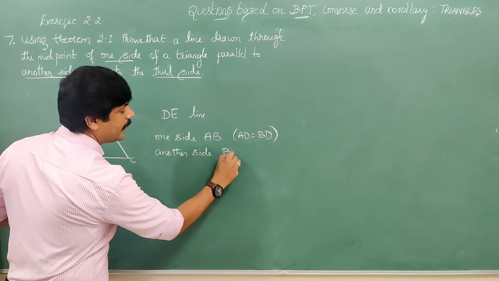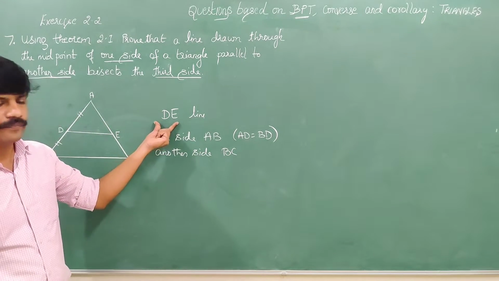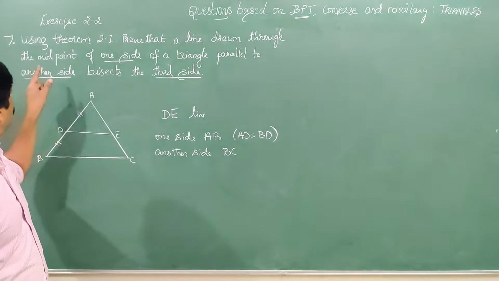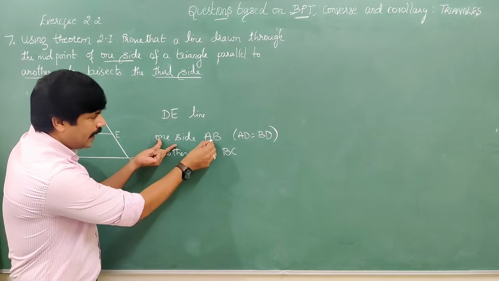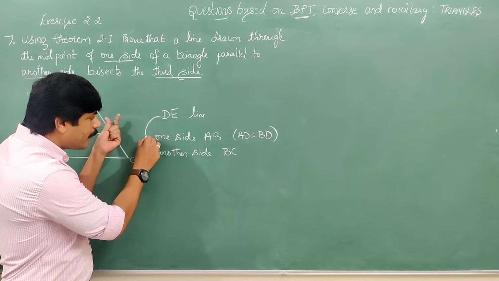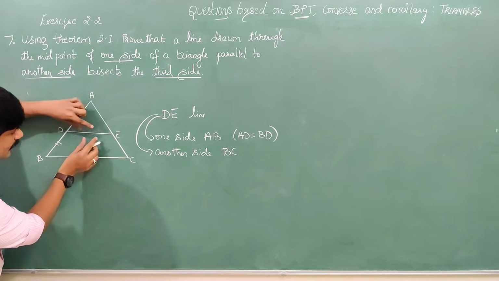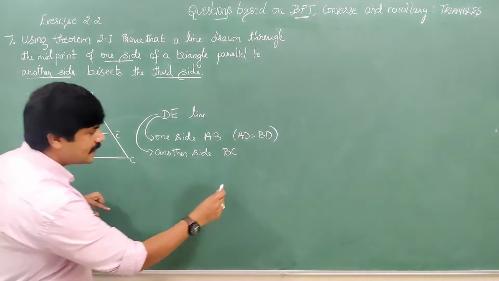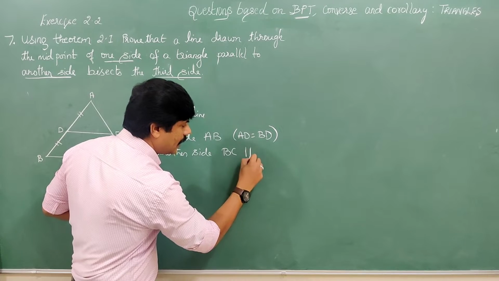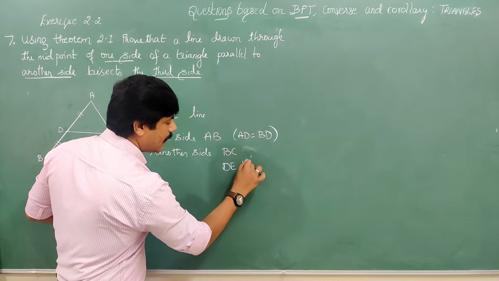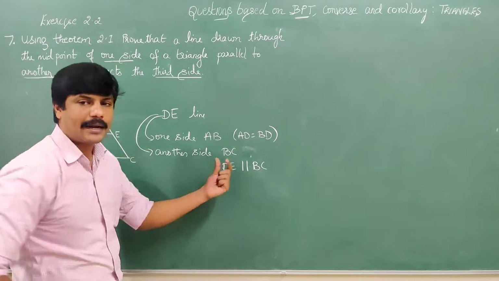The same line which is drawn through the midpoint of AB is parallel to another side BC. That is, DE is parallel to BC. DE is parallel to BC.